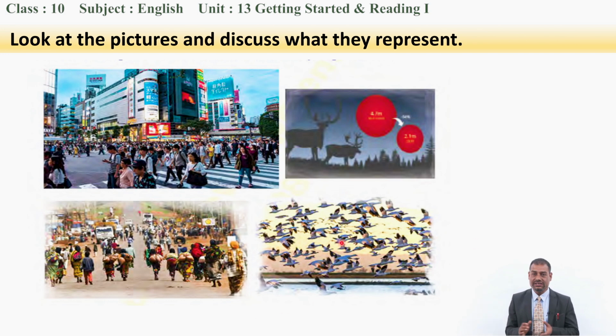Yes, the birds again. And do you think the birds or the wild animals also migrate, go from one place to another place? Yes, definitely. You are right. It means in Unit 13, we are reading a text related to population because our theme in this unit is migration and population.